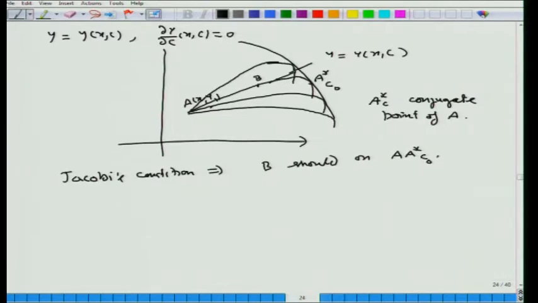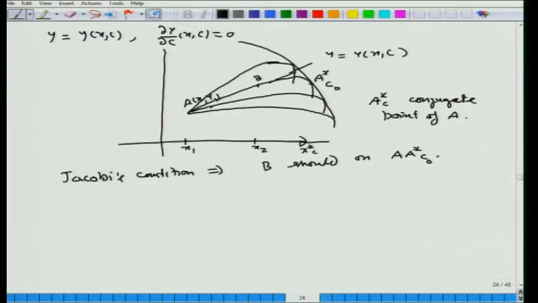So, that is the Jacobi condition, meaning that the Jacobi equation has the solution u which vanishes only at this point A, and then at the point A star C 0, and therefore it does not vanish before. So, x 2 is here on x, so that is, let us say, x star C, which is the abscissa of this point A star C 0. So, x 2 should be prior to this x star C. That is the Jacobi condition which we had considered earlier.